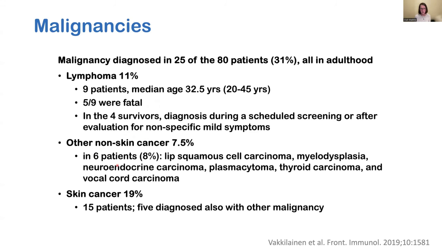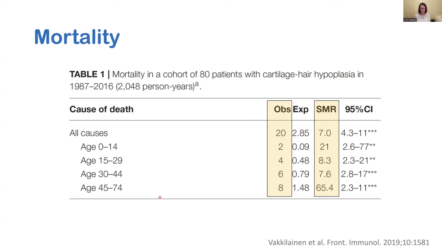There were 6 patients with other types of cancers listed here, and then skin cancers in 15 patients. Mortality overall was 7-fold compared to a normal population, and as you can see here in the age group of 45 to 74 years, the standardized mortality ratio was 65.